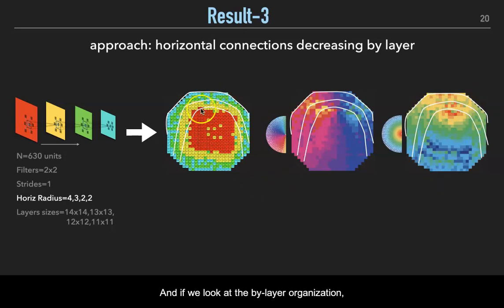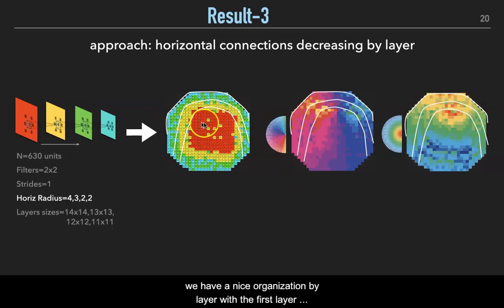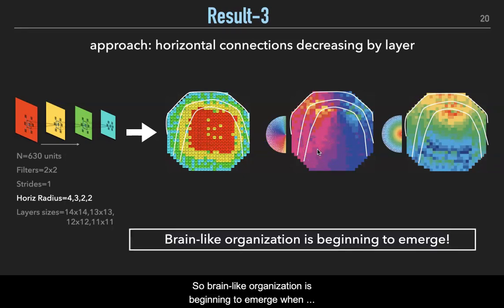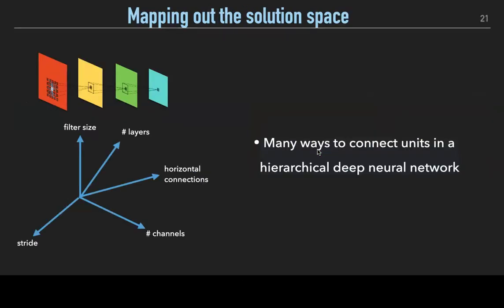And if we look at the by-layer organization, we have a nice organization by layer, with the first layer that has the longest connections contributing mostly to the center or largest map. So brain-like organization is beginning to emerge when we add horizontal connections in a certain way.